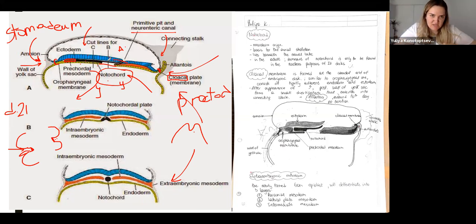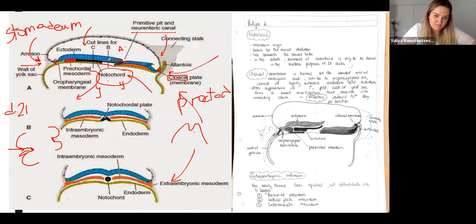The notochord is of mesodermal origin. It acts as a basis for the axial skeleton. It saves a spot for the future axial skeleton to arise. And it disappears, mostly, but it leaves a little remnant somewhere in the axial skeleton.